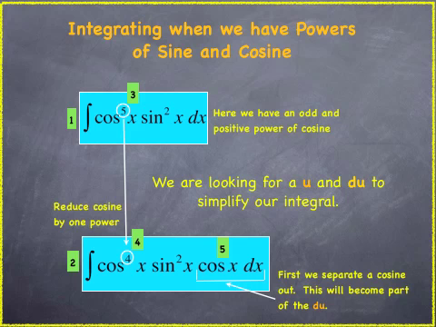And then we're going to wind up manipulating the other trig functions to look like some form of u, so that eventually we're going to wind up with an integral of some kind of u du combination so that we can use basic power rule to integrate. That's the goal here.